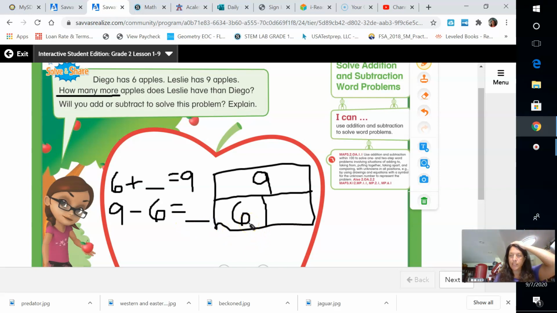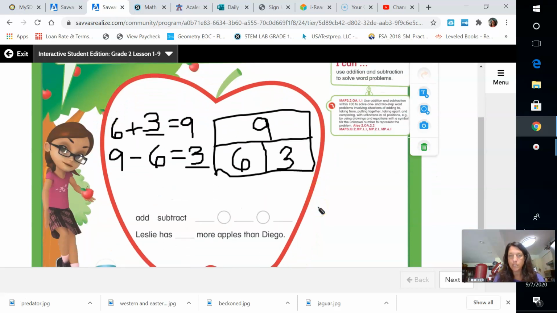Let's put 6 in our head and count up to 9. 6, 7, 8, 9. What did we get? Our missing number is 3 for these related facts. Looks easy, doesn't it? But it gets confusing. We're subtracting because we're comparing, and it said how many more.